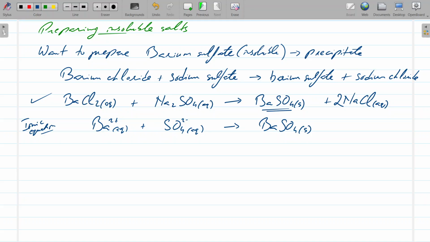Now, even though we're calling these insoluble salts, in some cases some insoluble salts do dissolve to a very, very small extent.